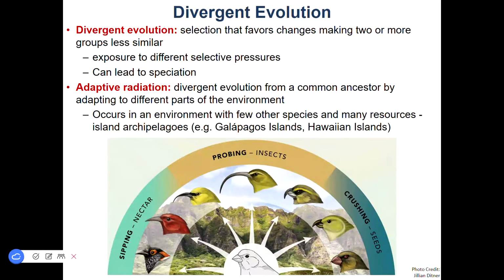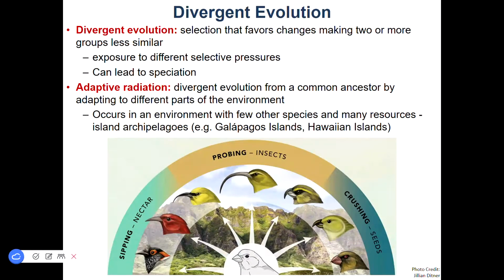So this one bird species, over time we had divergent evolution, and we now have many different bird species that are adapted to either sipping nectar from certain types of flowers, getting insects, or eating seeds. And so because we have these different fitness levels for different strategies for getting food, we have divergent evolution. We now have many different bird species with many different types of beaks.